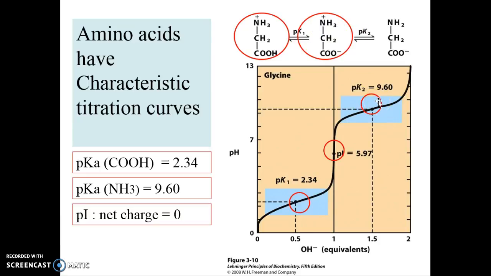The average of the two pK values is considered the PI, the isoelectric point, where the net charge will be 0 for this amino acid.